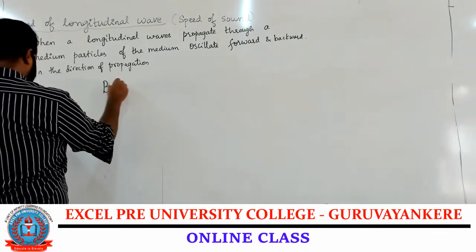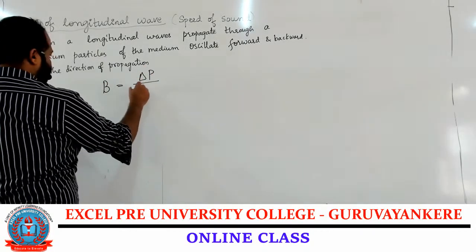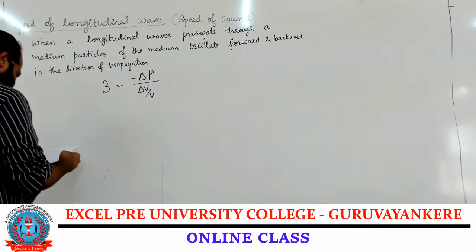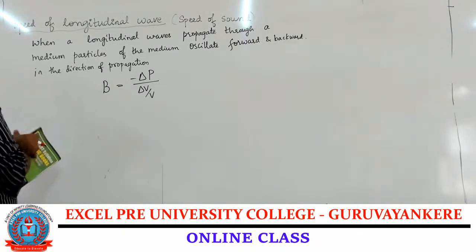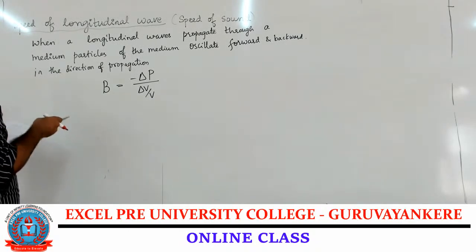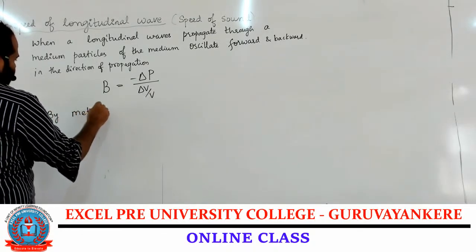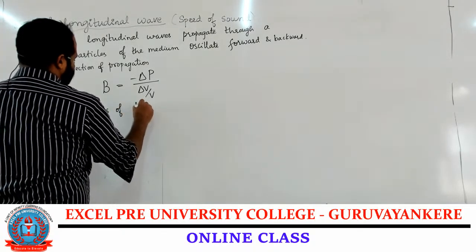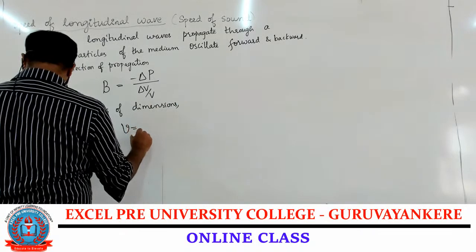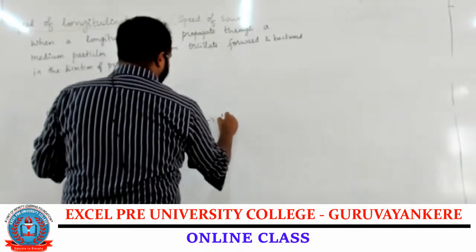So the bulk modulus of the medium is defined as change in pressure divided by delta V by V. This you have learnt in mechanical property of solids. So here change in pressure produces a volume strain, obviously. Then by methods of dimensions, I don't derive this, we get V is equal to root bulk modulus by rho, where rho is density of the medium.